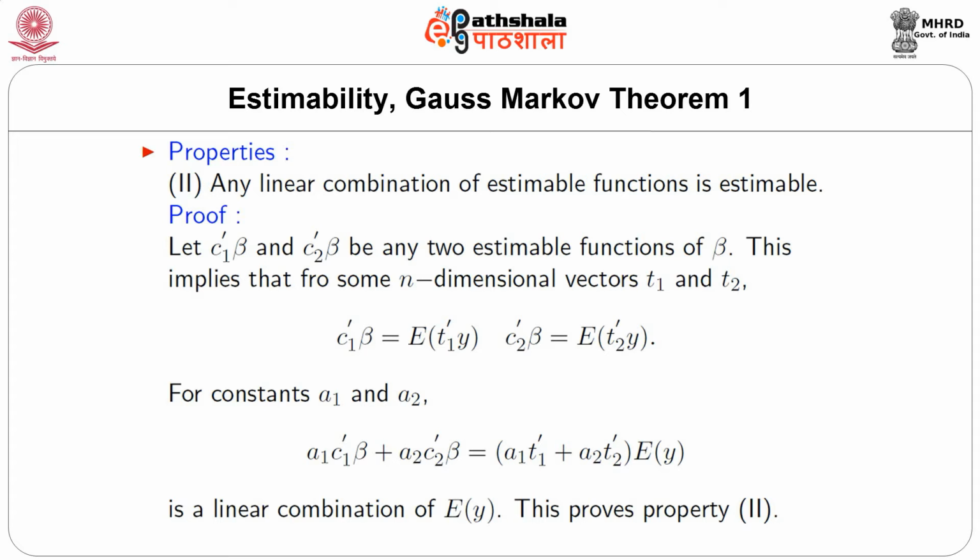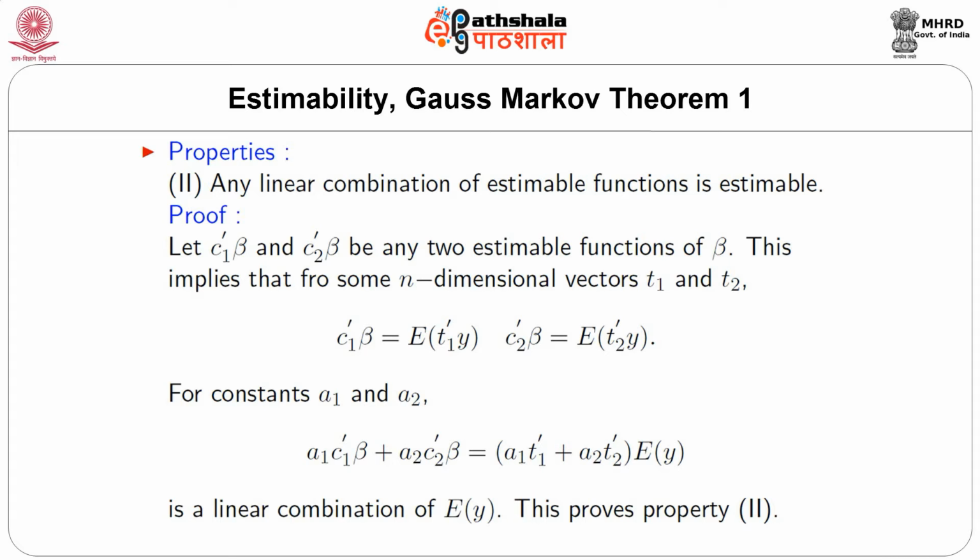Now take the expected value of y part common to get a1 t1 prime plus a2 t2 prime times expected value of y, which is obviously a linear combination of expected value of y. This proves property 2.